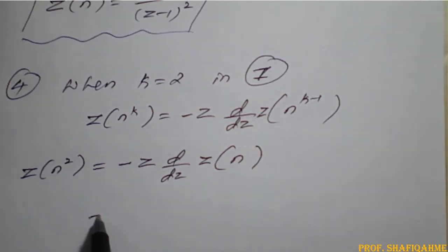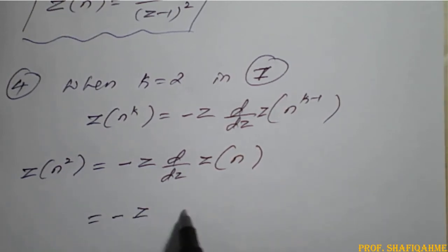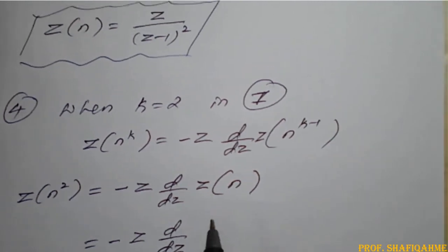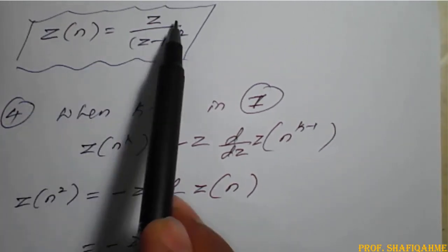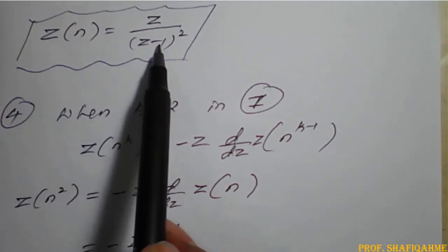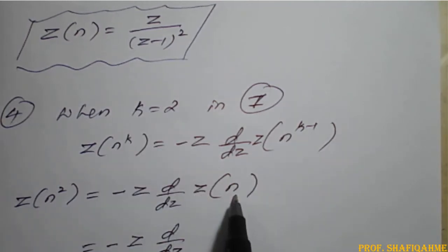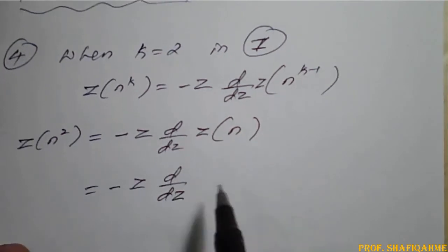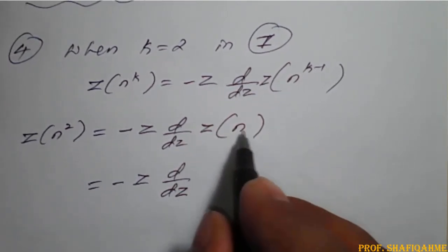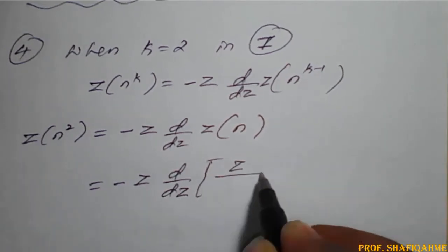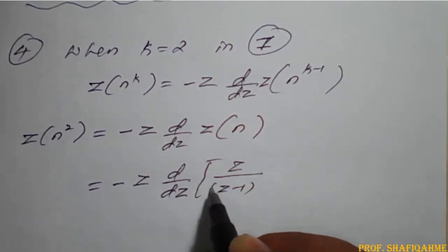So which is nothing but minus z d by dz of the z transform of n, which we just came to know is z divided by z minus 1 whole square. The direct result for the z transform of n is z divided by z minus 1 whole square.